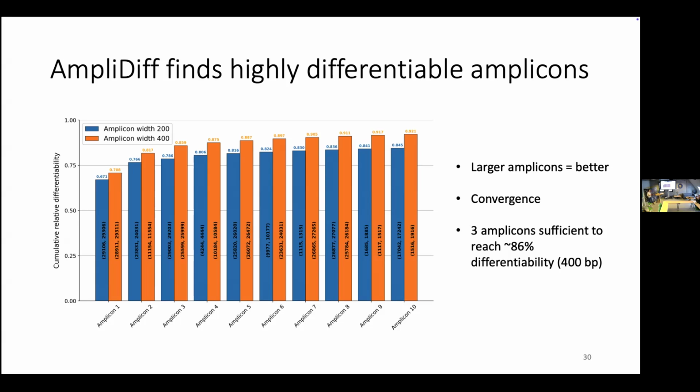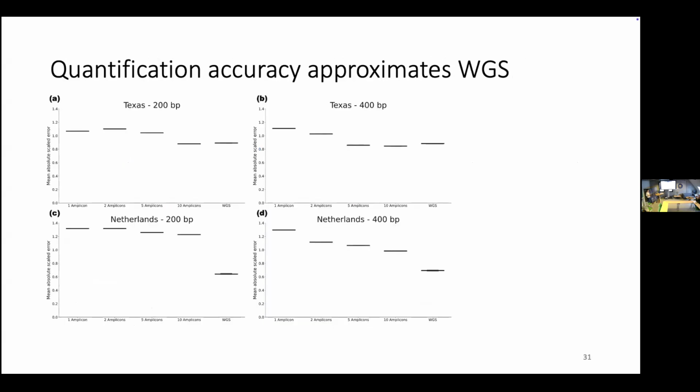So then finally, we wanted to see also how this then impacts our prediction accuracy. So if we simulate sequences from just those amplicons, and we then try to predict relative abundance from this compared to having the whole genome, what happens to our prediction accuracy? And it depends a bit on the data set.